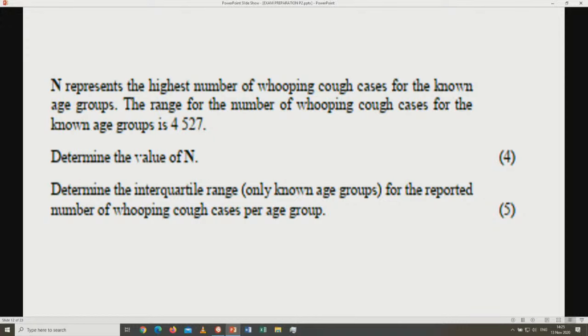Now let us go to this one. Determine the interquartile range only of the known age group. Again, please take note they excluded the unknown age group for the reported number of whooping cough cases per age group.